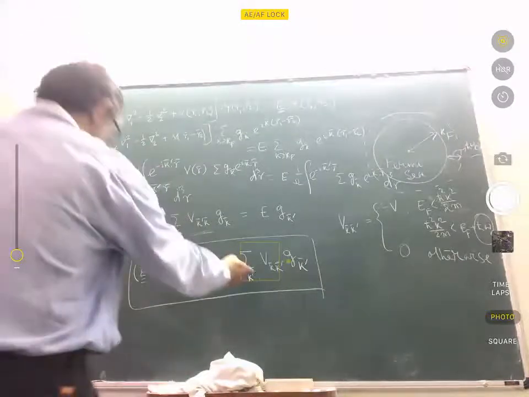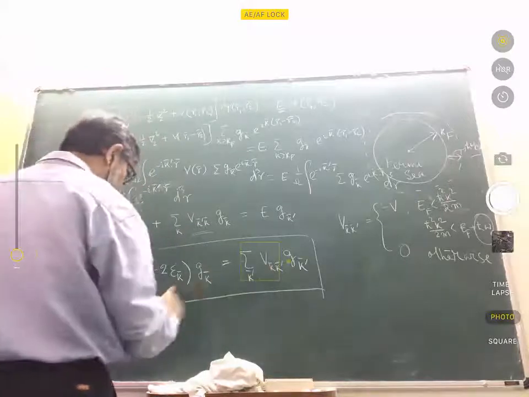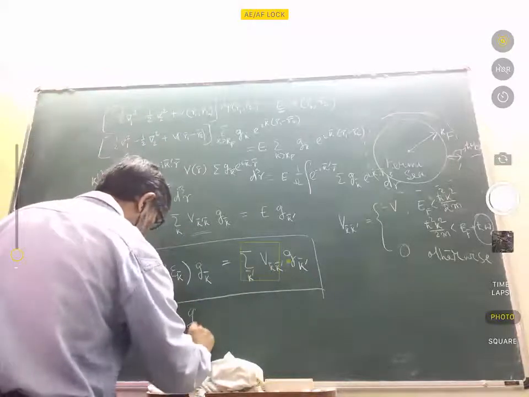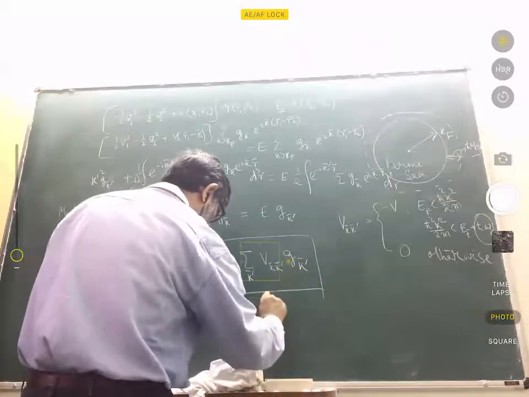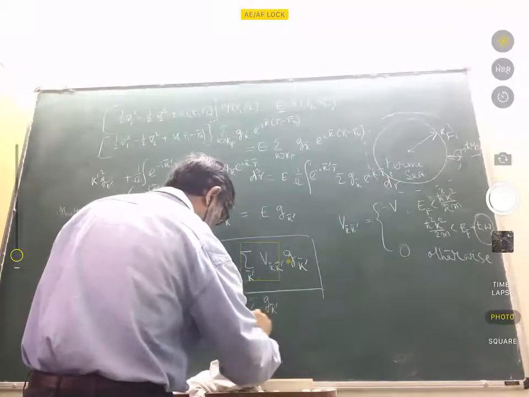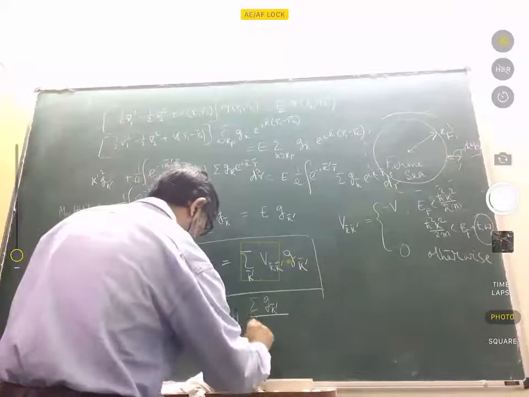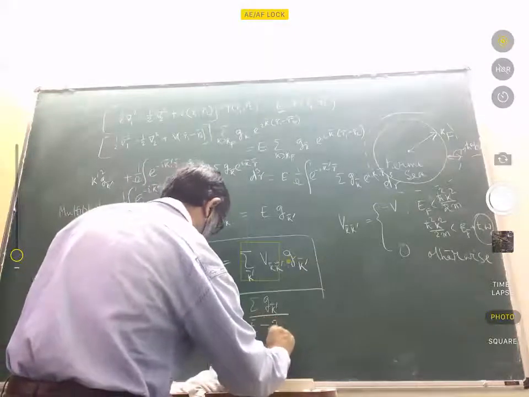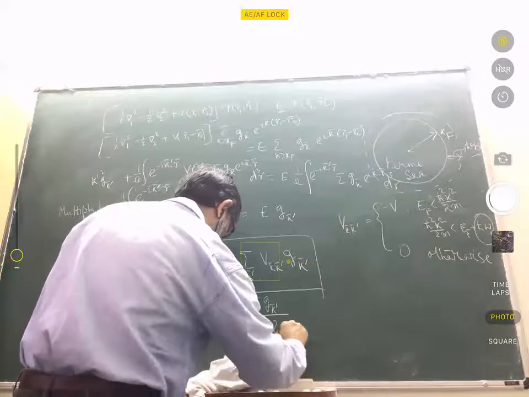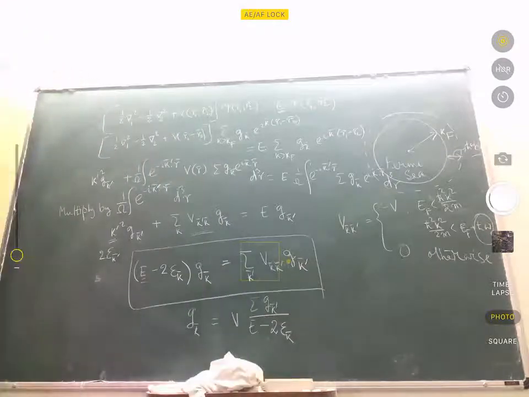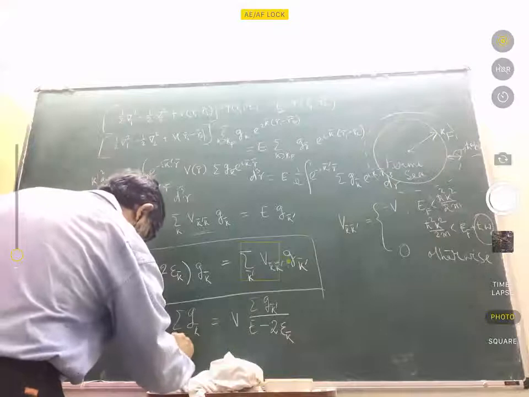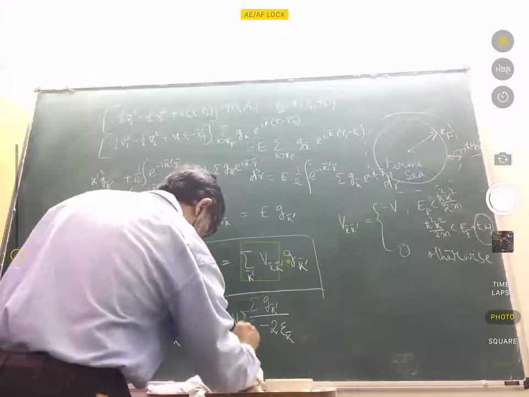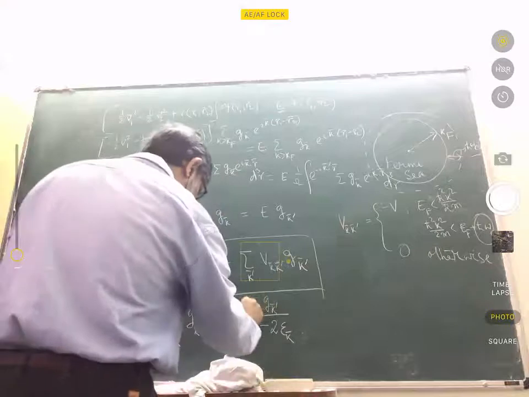Now, therefore, this can be made simpler. So we can just pull out V, and we can write g_k as, and from that, we get, so suppose now I sum on both sides over k. Now this is just a constant.